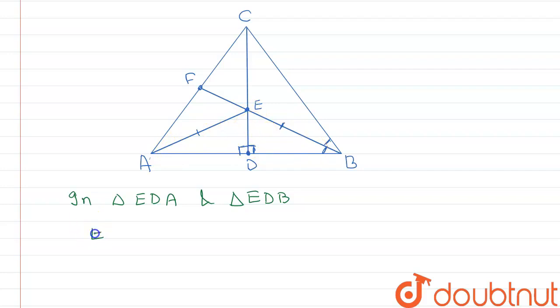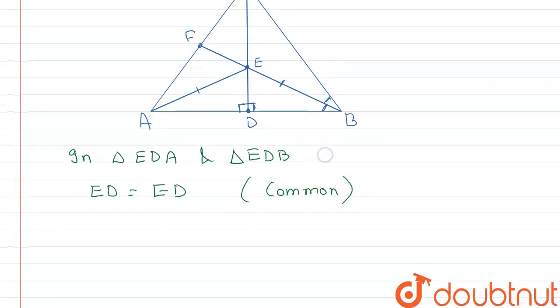So here we write ED is equal to ED, common in both the triangles. Now we see that angle EDA is equal to angle EDB because both are 90 degrees. So now here we write angle EDA is equal to angle EDB is equal to 90 degrees.